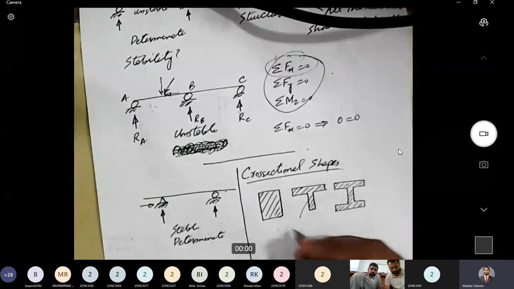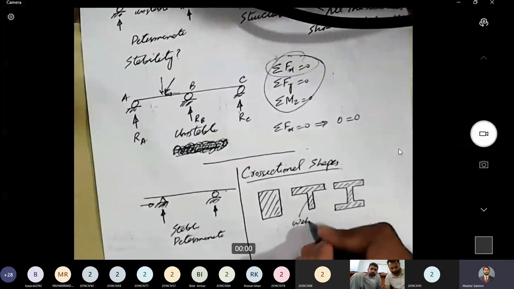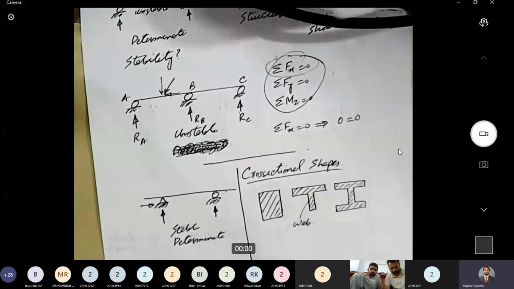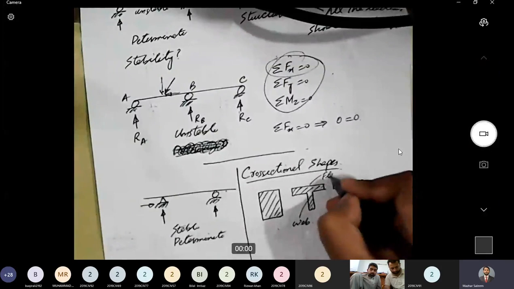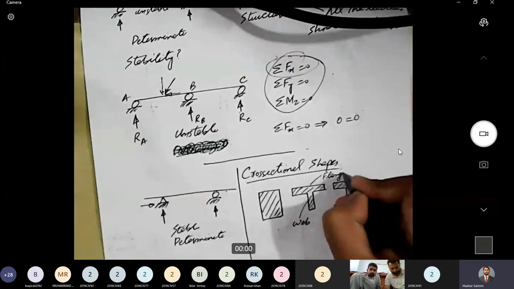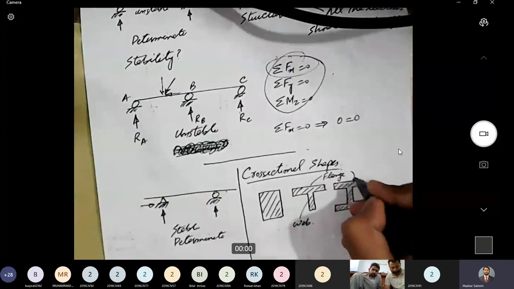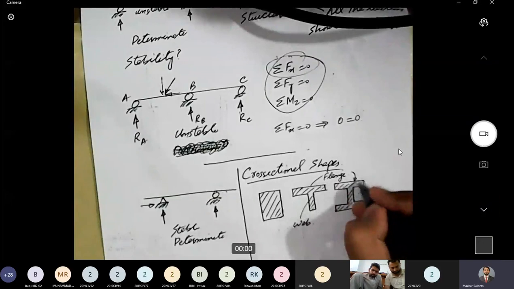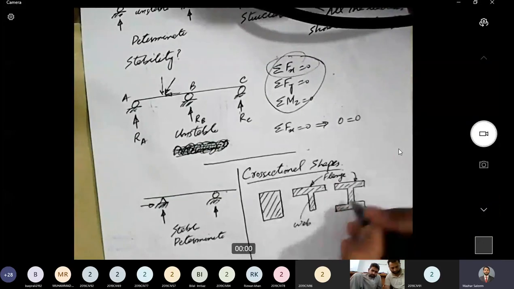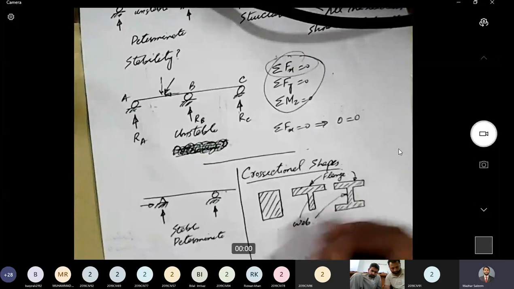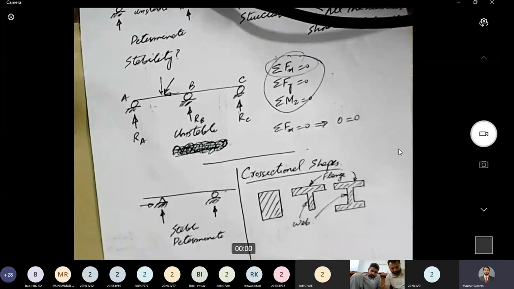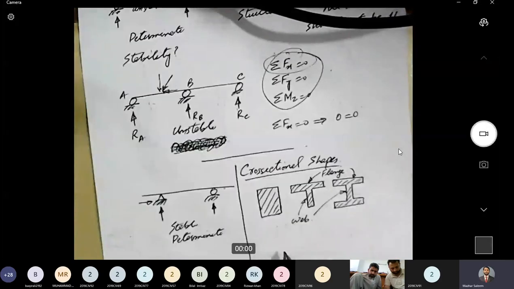This vertical member is termed the web of the I section, WEB, and this part is termed the flange. This is also a flange of the I section. This is the flange of the T section. This is the web of the T section. This is also termed a web. So these are some common cross-sectional shapes.